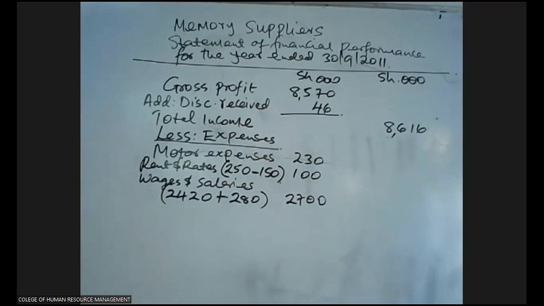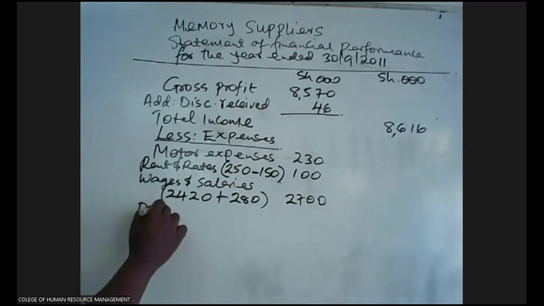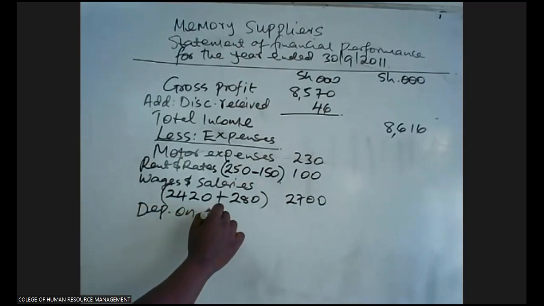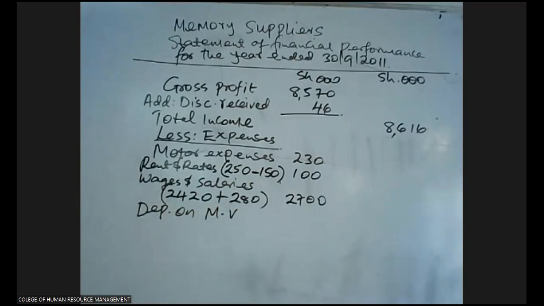We go on. Accounts payable, that is not an expense. Provision for depreciation, we need to calculate now the depreciation on motor vehicle. And we are told clearly motor vehicles are to be depreciated at the rate of 20% on reducing balance basis.